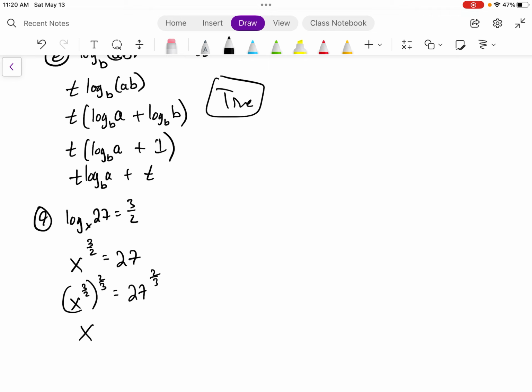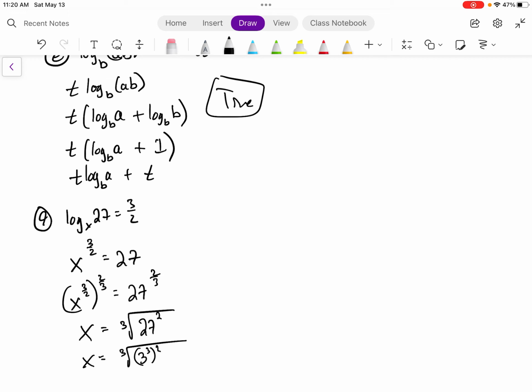On the right side, we're going to have the cube root of 27 squared. This might be a little tricky, but if I wanted to break this into a series of 3s, this is really 3 to the 3rd squared.